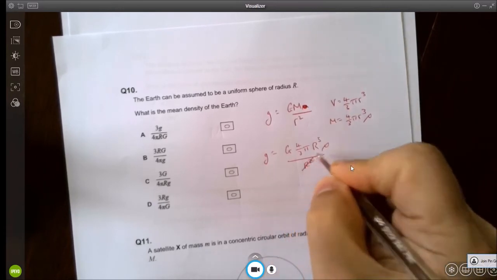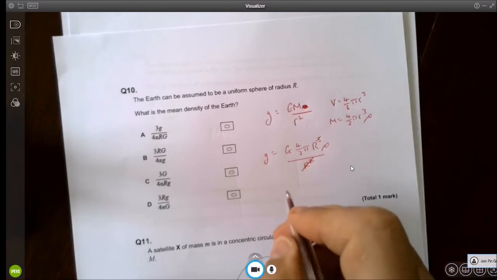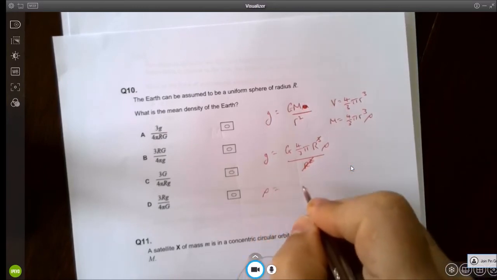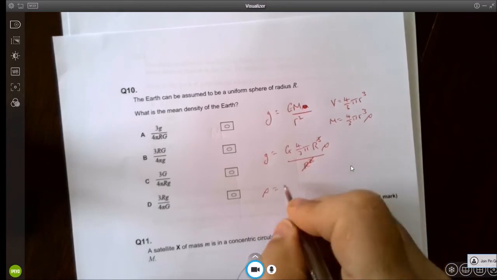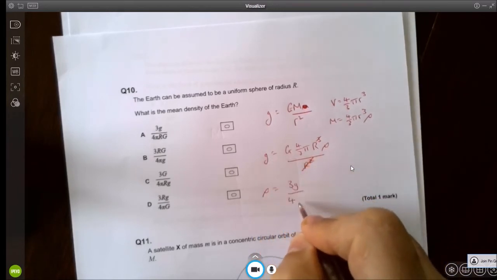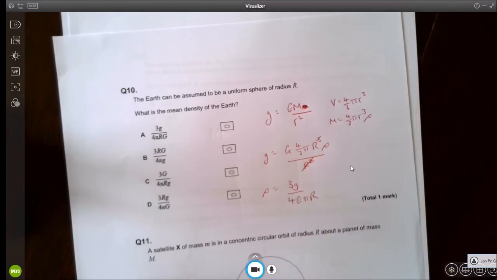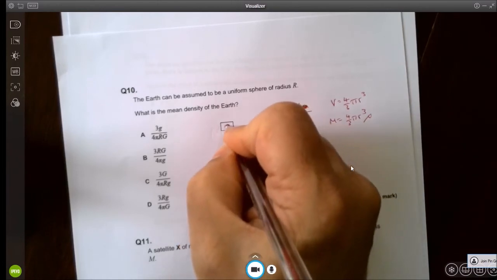Notice the first thing you can do is cancel the R squared with two of those R's, so that gives you rho equals, take the 3 up with the g, 3g over 4 G pi R, and that in a slightly different order is answer A.